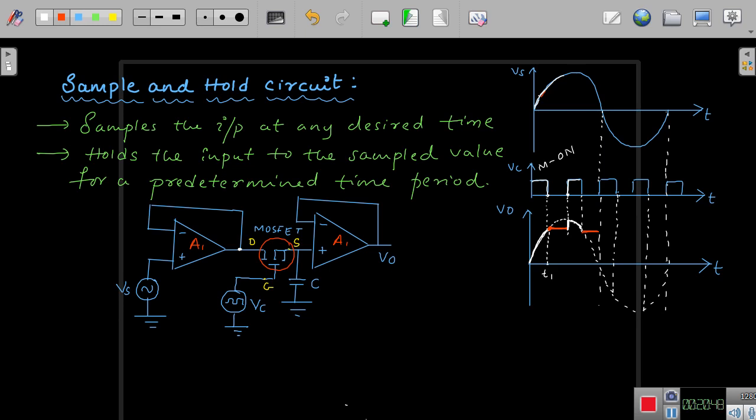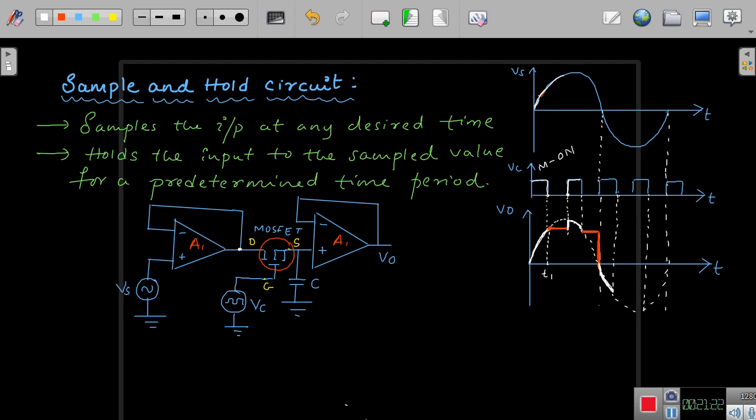No, please check the input waveform. As long as the device is on, the input is on. Correct, right? So here you will hold the value for some more time till this instant. Then whenever this is on, you are allowing your input to be present across the output.